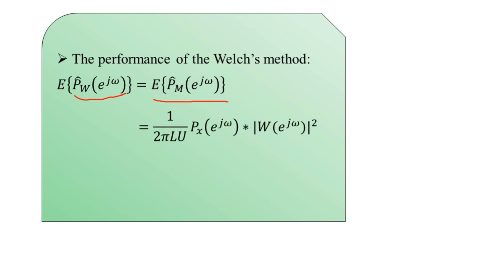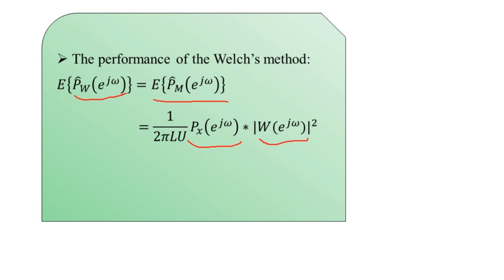That we shall obtain in the form 1 upon 2 pi times capital L and U, and this ratio is multiplied by the convolution of the power spectral density Px as a function of e to the power j omega with the mod square of W as a function of e to the power j omega.